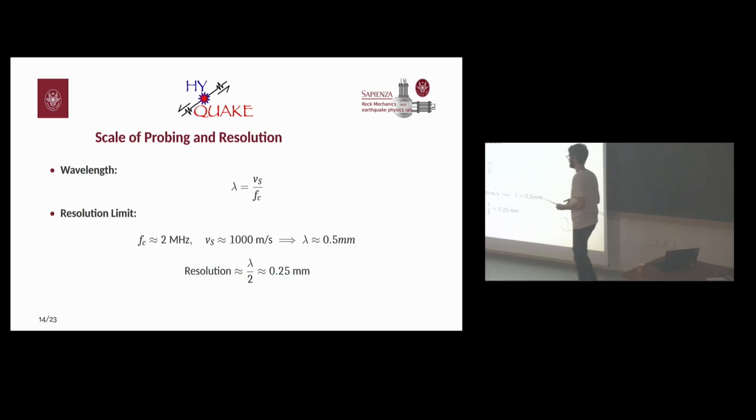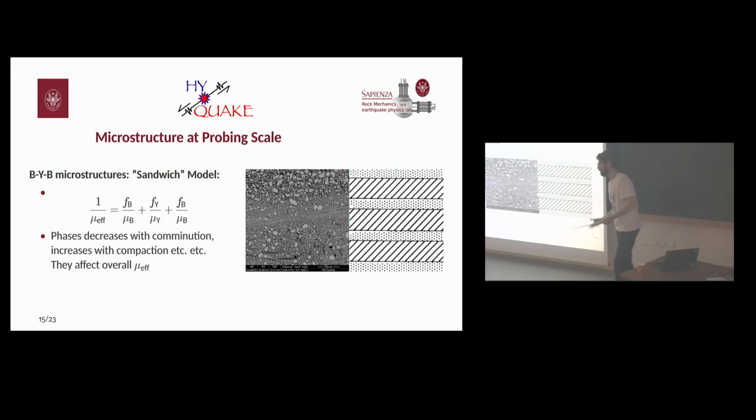At our scale, what can we say about how much we can resolve? This is the wavelength of our waves, more or less. We have piezoelectrics that can produce at maximum 2 megahertz of frequency. You do the math. If we are lucky, we can see 0.25 millimeters in a fault zone that is around 10 times this. So we can at most make 10 points in the middle of this fault gouge. I was trying to say, okay, is it enough?